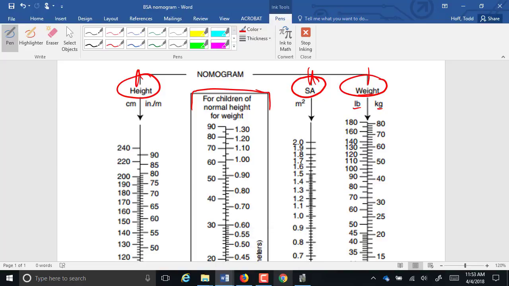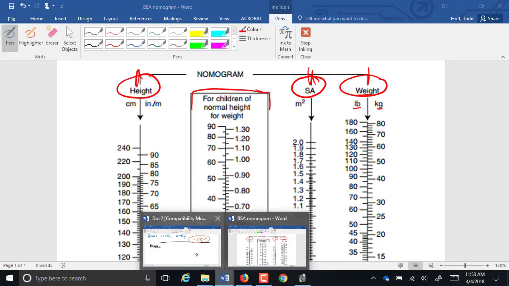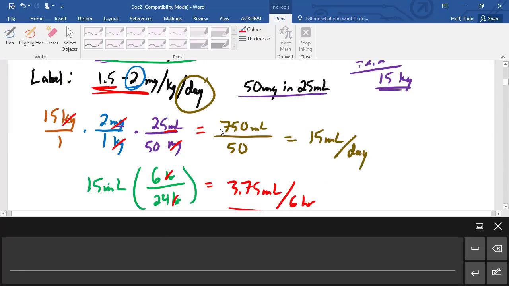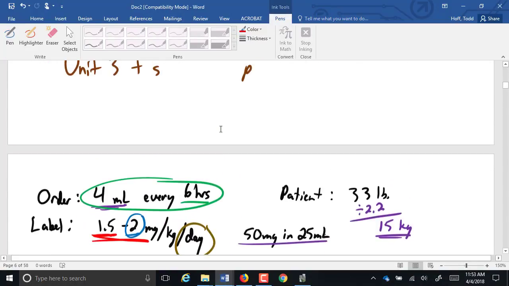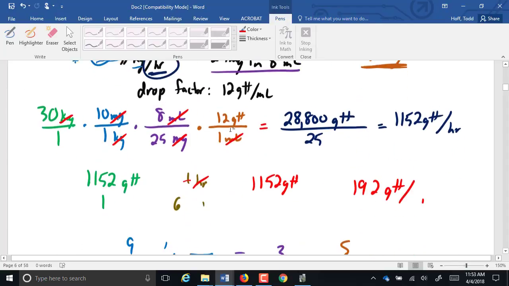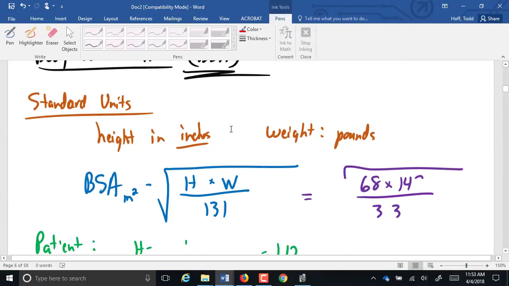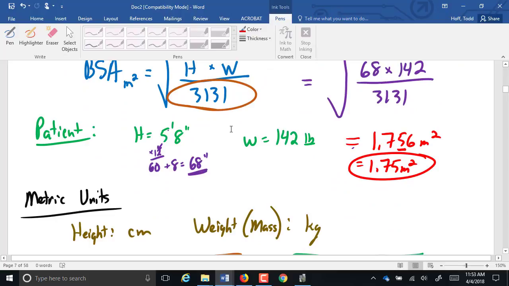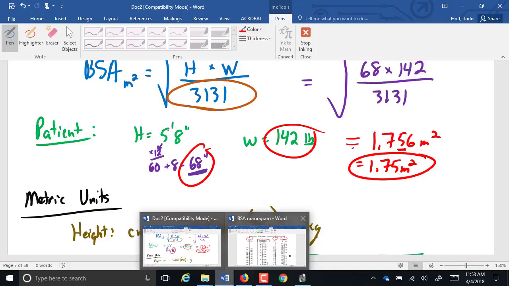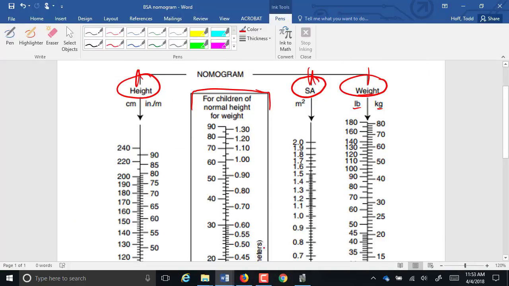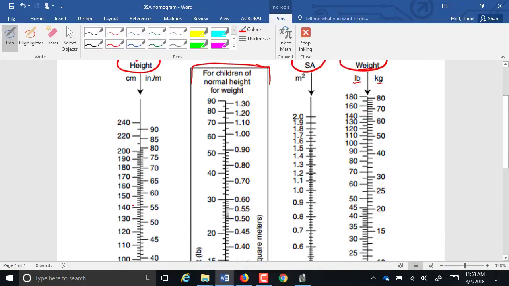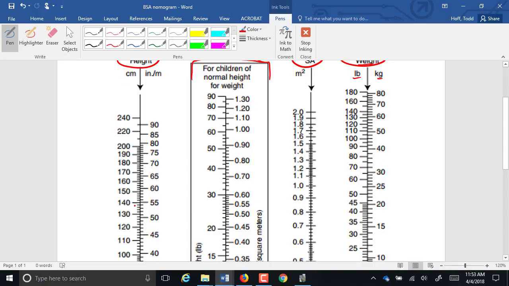Let's double check the examples that we've done so far. Let's go back up to this first example. Oops, scrolled up too far. We had a patient here who was 5'8" or 68 inches and 142 pounds. Let's look at our nomogram for a height of 68 and a weight of 142. Our height is in inches here.